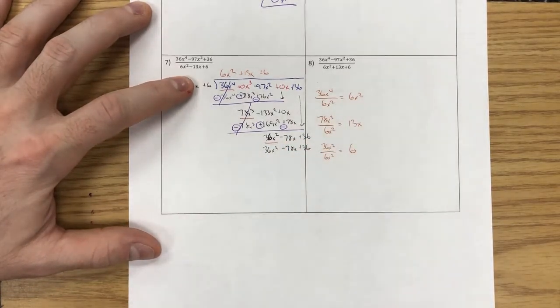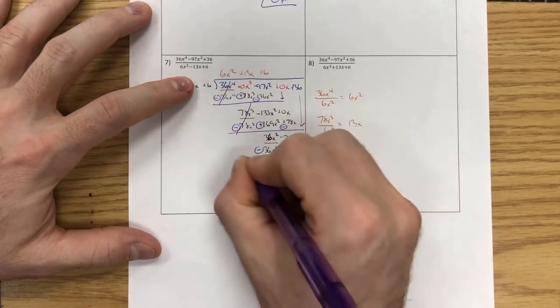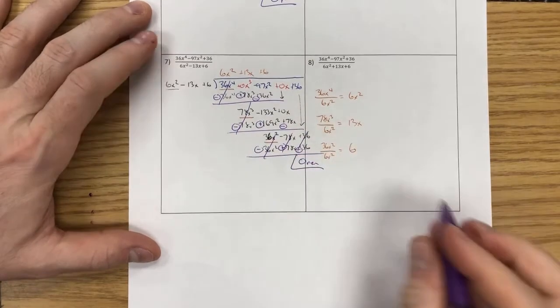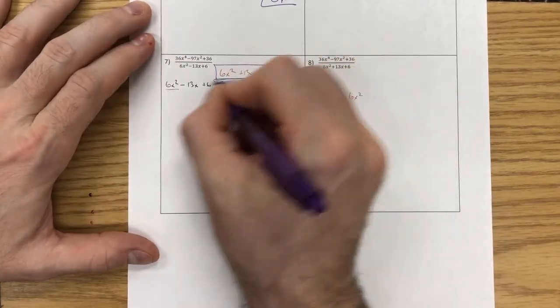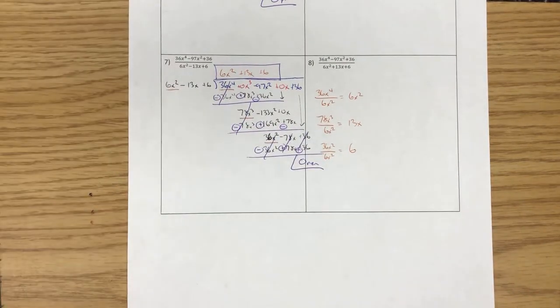And that worked out perfectly. Minus, plus, minus. All three of them cancel out. I have no remainder, which means my answer is evenly this, and that is a factor of the thing above it. And there we go.